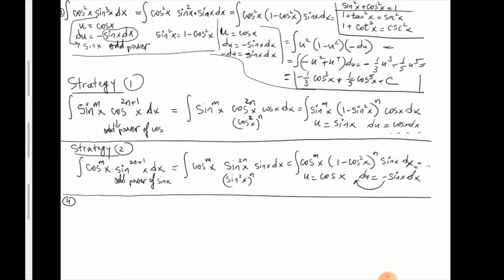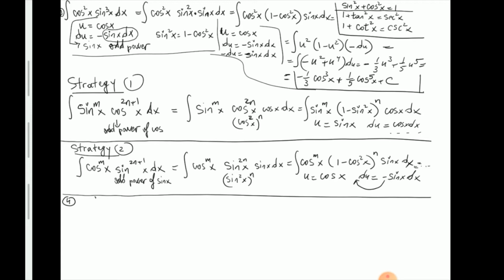Just for fun, I'm going to do this example both ways, because it's important to realize that in these situations, when you actually have a choice between strategy 1 or 2, it doesn't matter which one you choose, but be prepared that your answer may look different than in the back of the book, depending on what the approach in that book was essentially.